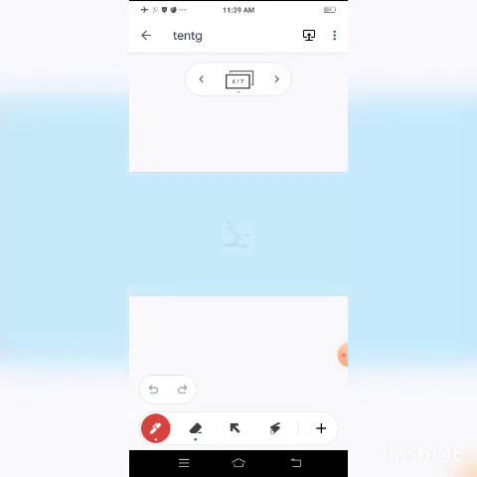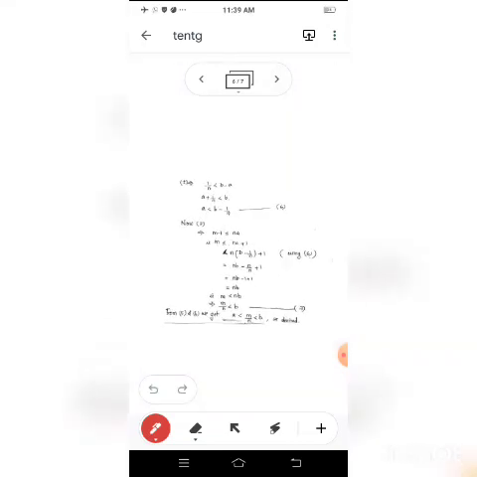So how will you prove that? The Archimedean property states that 1 by n less than b minus a, isn't it? So we can write a plus 1 by n is less than b. So a less than b minus 1 by n; we take this as equation number 6.